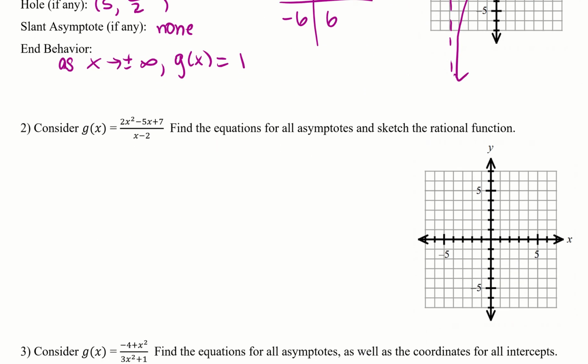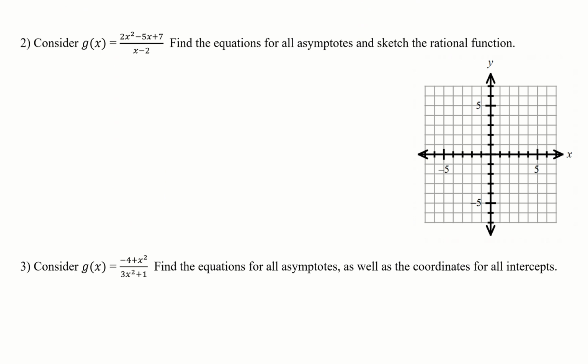For the next extra practice, I'll see if this one factors on the numerator. So let's see, I'll factor this as 2x and x. My factors of 7, the only ones are 7 and 1. I think we actually explored this one for the asymptotes before, but now we'll use it for graphing.